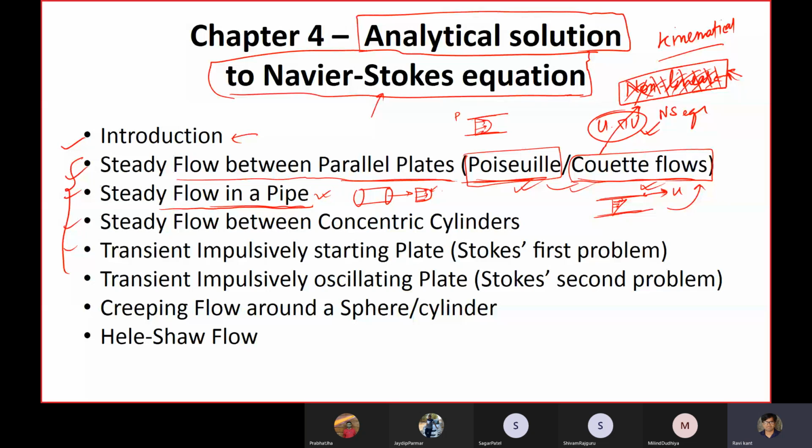We'll also look at the steady flow between concentric cylinders, which is equivalently known as Taylor-Couette flow.